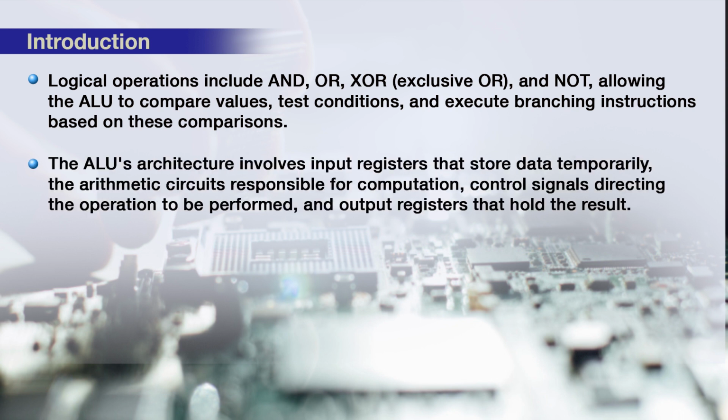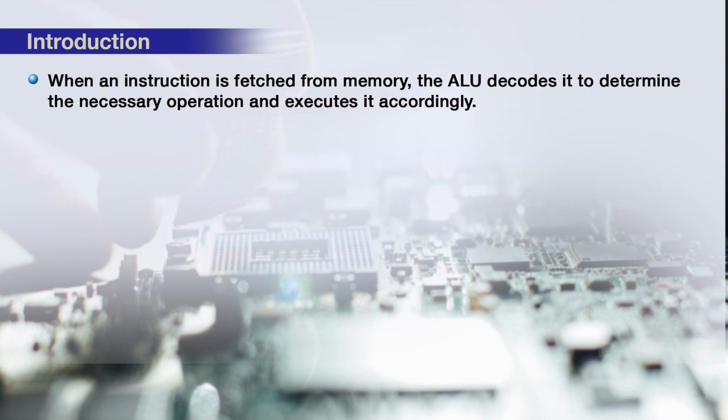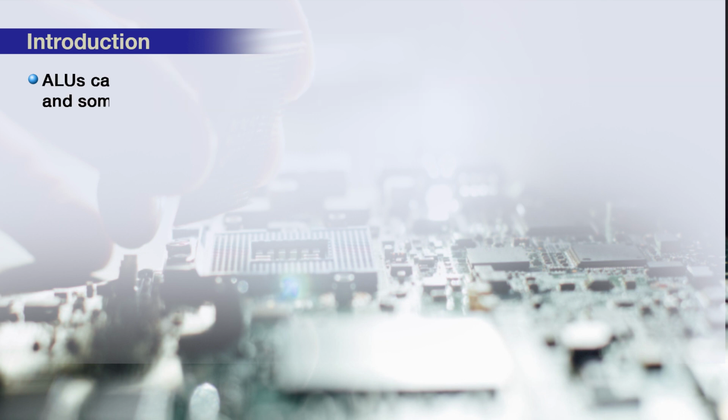The ALU architecture involves input registers that store data temporarily, the arithmetic circuit responsible for computation, control signals directing the operation to be performed, and output registers that hold the result. When an instruction is fetched from the memory, the ALU decodes it to determine the necessary operation and executes it accordingly.